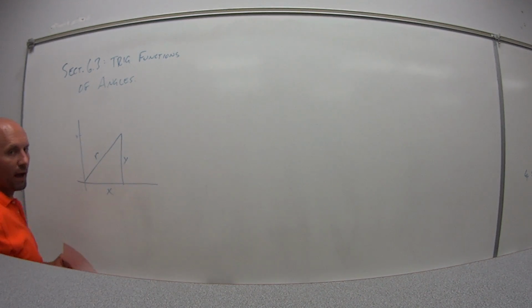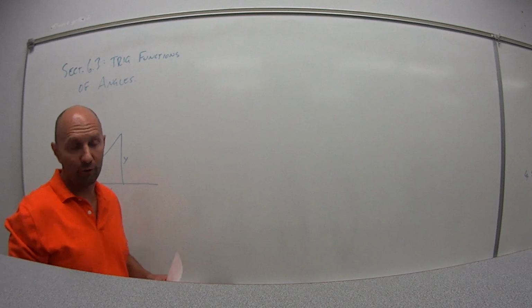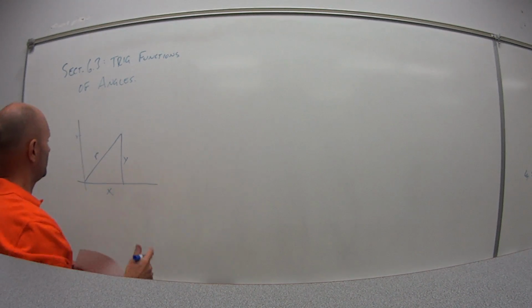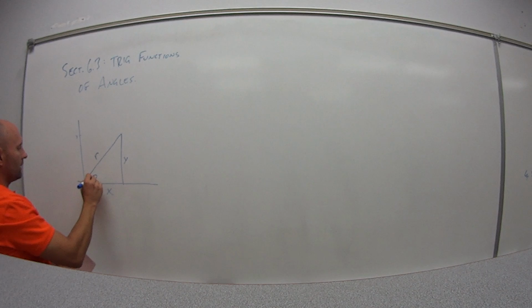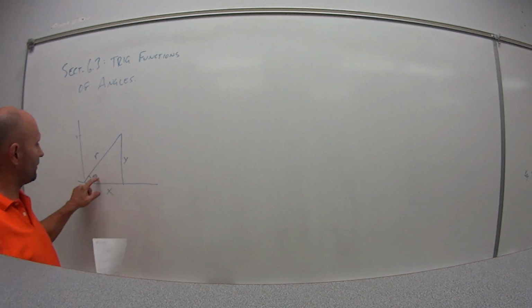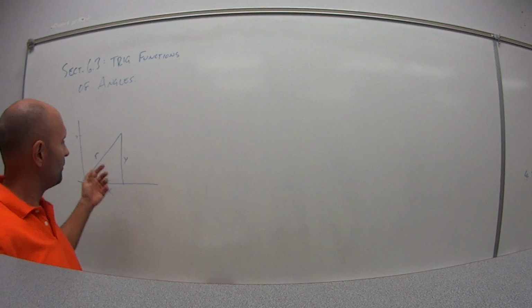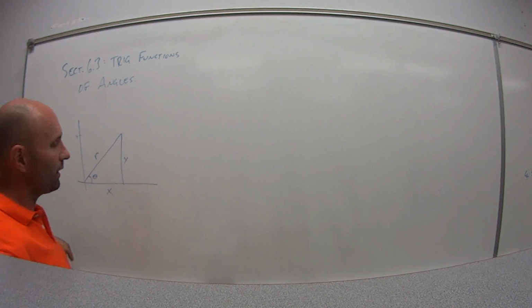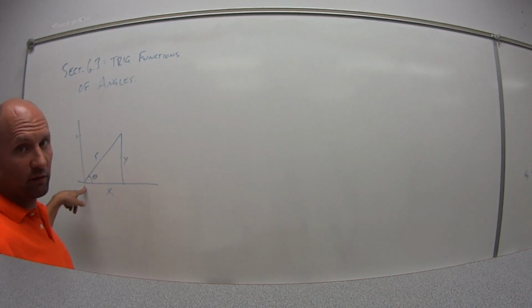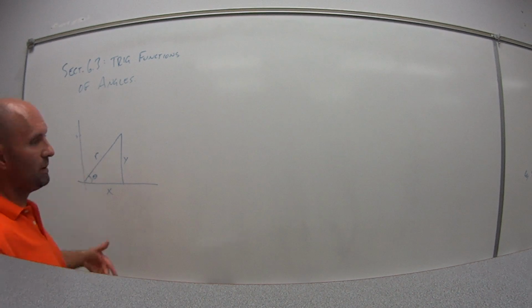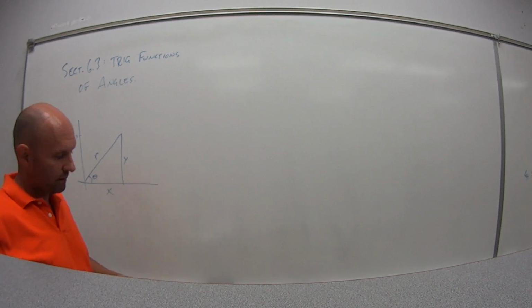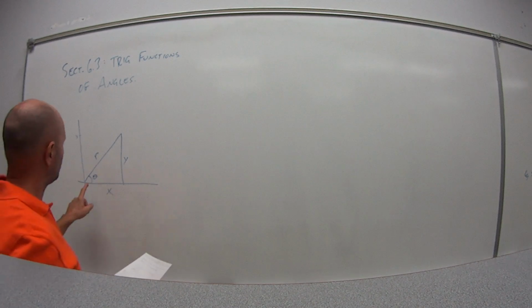And we're going to call the hypotenuse in this case r, as in a radius of a circle. The measurement we're looking at is this theta down here. Obviously in this triangle this is an acute angle, but this terminal side could be anywhere around with the vertex at the origin, and it could be more than 90 degrees. So we're going to be looking at any possible value for theta.